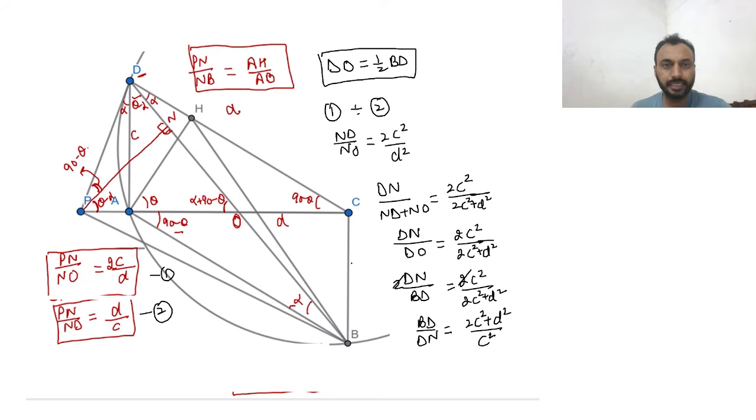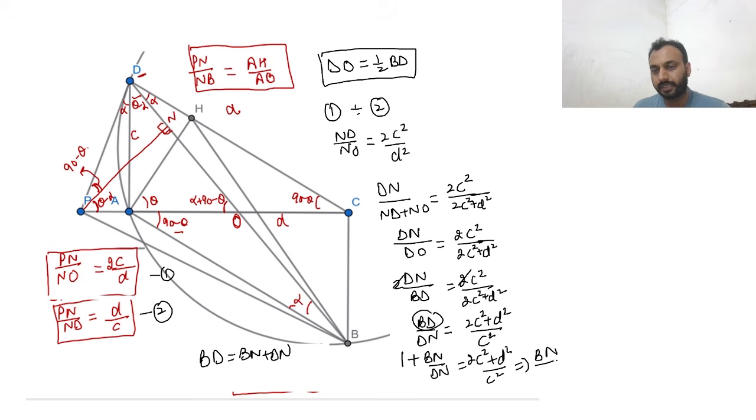Bd can be written as Bn plus dn. Then what we will get, 1 plus Bn by dn is equal to this, or Bn by dn is equal to c square plus d square by c square.